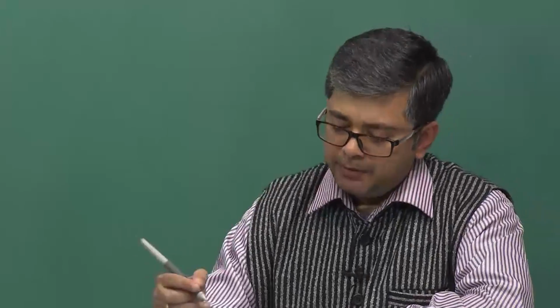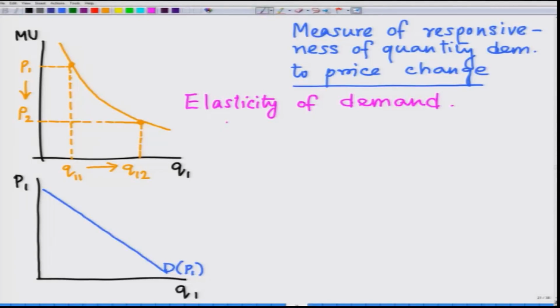So, let us express this concept in terms of symbols. Now, epsilon d is the change in quantity divided by the original quantity, divided by the change in price divided by the original price.